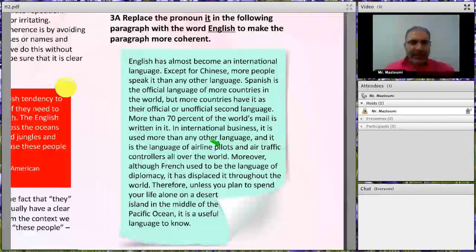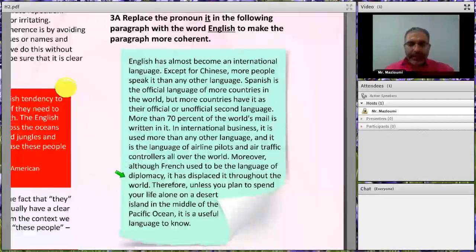An air traffic controller, everyone, means someone who gives instructions by radio to pilots and lets them know when and where to take off or land. Okay? Air traffic controller. Moreover means what's more. Moreover, what's more. Although means even though. Even though, although.